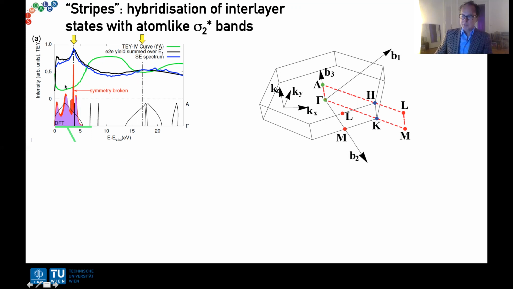Okay, the experimental results shown in the upper panel here are the following. The green curve is the total electron yield curve measured in absolute units. And you see that in the region of these interlayer states, the reflectivity is very low, which is explained by the fact that these interlayer states couple very well to vacuum wave functions.